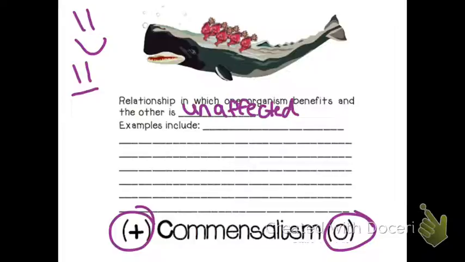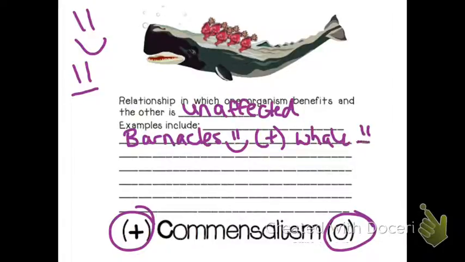Some examples include barnacles on a whale. The barnacles are going to be the ones that are benefiting, so they're happy, or we can represent that with a plus sign. And the whale is unaffected, neutral, or we can represent that with a 0. The barnacle is actually attached to the whale as the whale is swimming through the water.